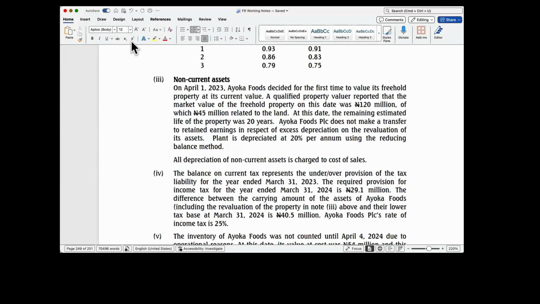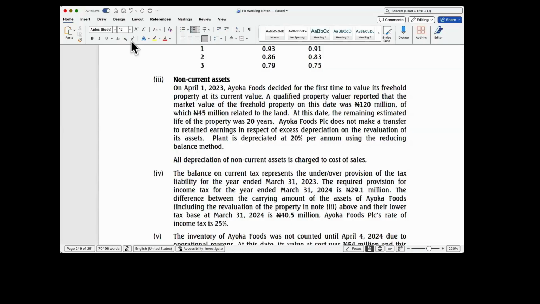So it says on April 1st, 2023, Ayoka Foods decided for the first time to value its freehold property at its current value. A qualified property valuer reported that the market value of the freehold property on this date was 120 million, of which 45 million related to the land. At this date, the remaining estimated life of the property was 20 years.